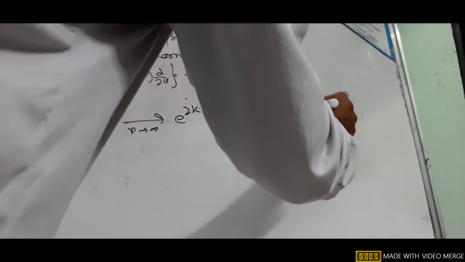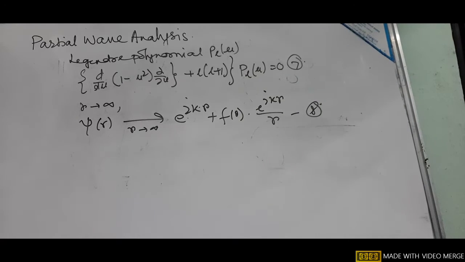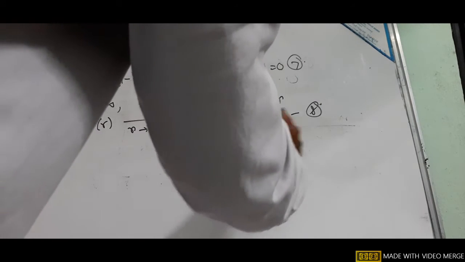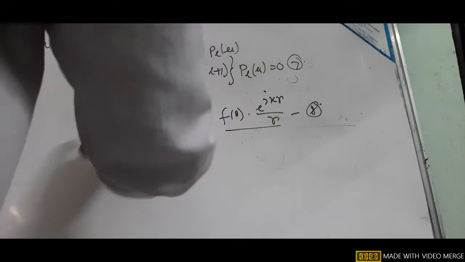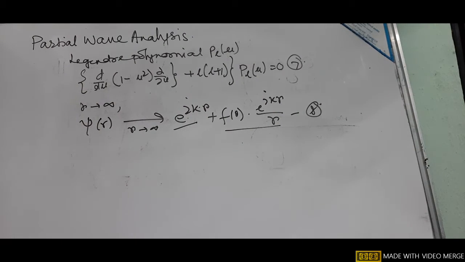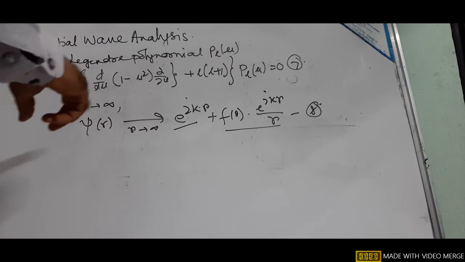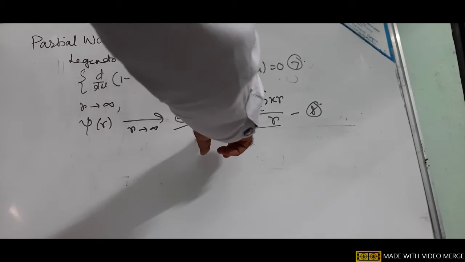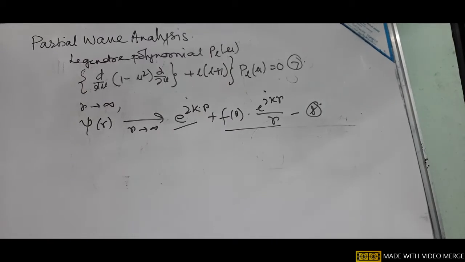This is equation 8. So this is our plane wave, this is our spherical wave, and the sum of these two is the wave that we are considering to find this amplitude f(θ). There is no f(θ, φ) because it is independent of φ.